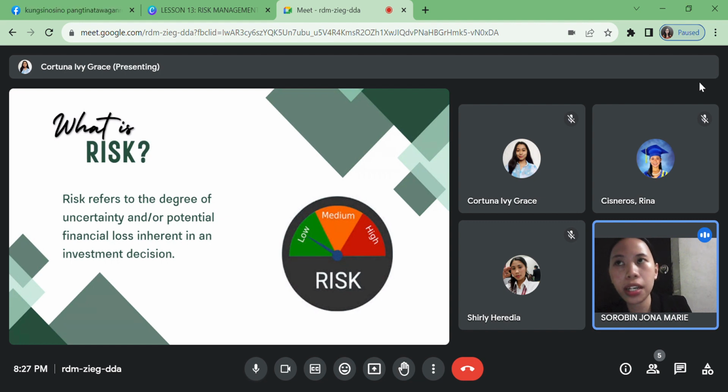Before knowing what risk management is, we should know first what risk is. Risk refers to the degree of uncertainty and/or potential financial loss inherent in an investment decision. So risk is unexpected situations that can occur to the event.